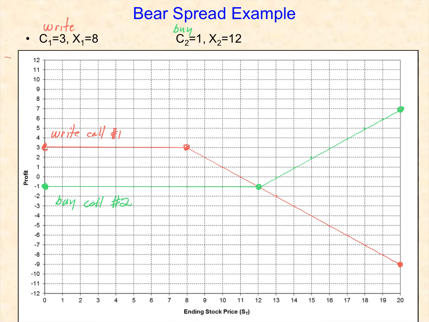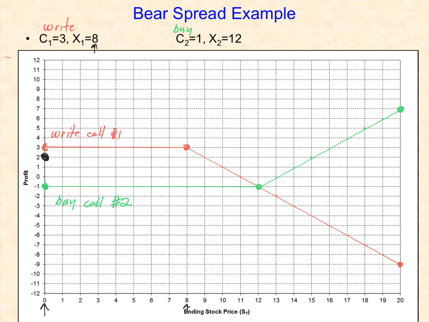Lastly, we want to combine the two lines together, to see what our combined payoff looks like. If the stock price is 0, we have $3 on the first call, negative 1 on the second call, for a $2 profit. If the stock price is 8, that is the lower of the two exercise prices, then we have a $3 profit on the red line and a $1 loss on the blue line.